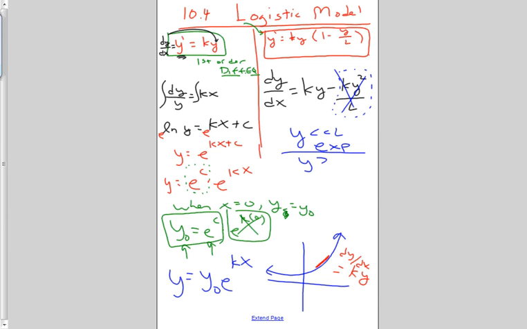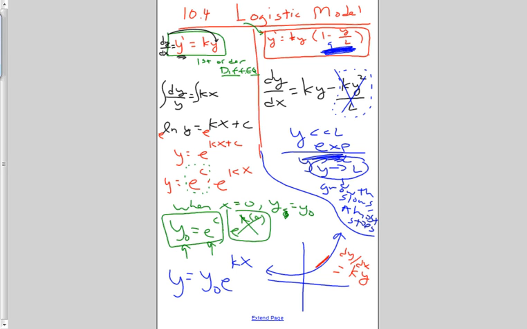But when y approaches L, now all of a sudden we have this negative in dy dx. This negative is going to slow growth. So as y approaches L, the growth slows and eventually almost stops.